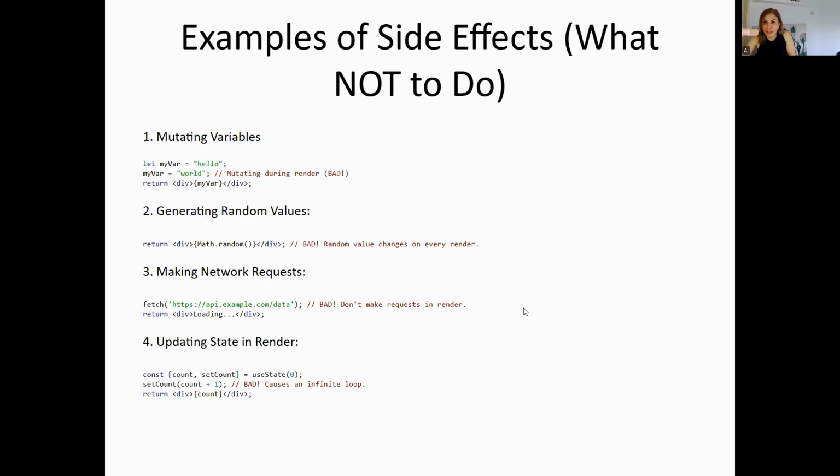Or making a network request. This is also going to create unpredictable results. Also, updating the state during the render, like here, for example, calling setCount like that without using anything, that will definitely cause big complications.